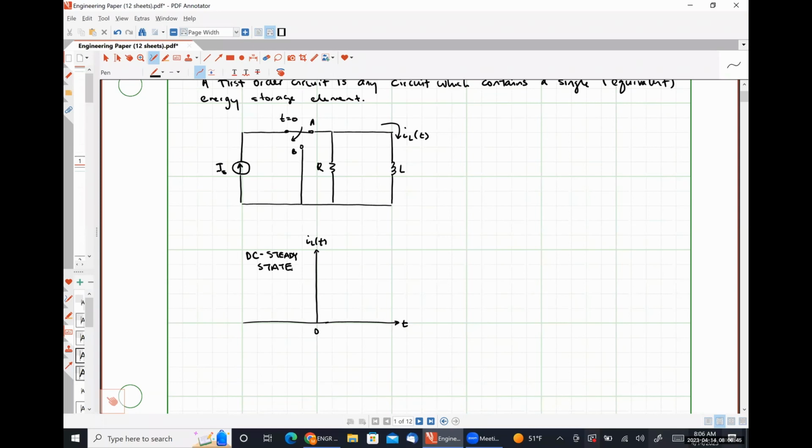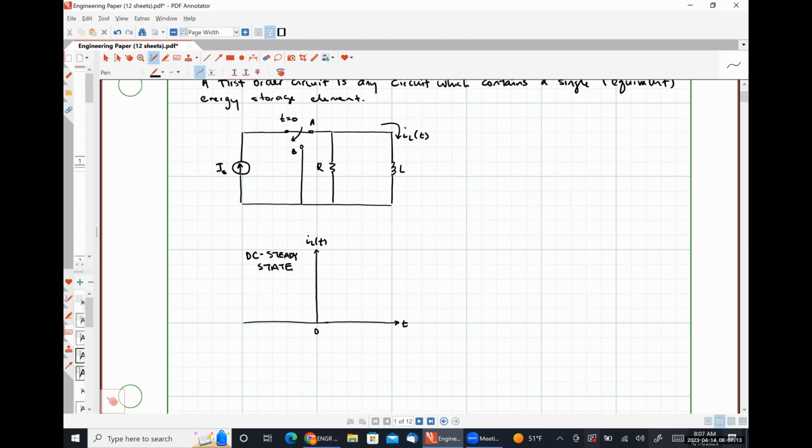So what do you guys believe the inductor current will be at all points in time, all the way up to t equal to 0? Yes, exactly right. So when we're at DC steady state, our inductor is going to look like a short circuit because we have a DC circuit here.